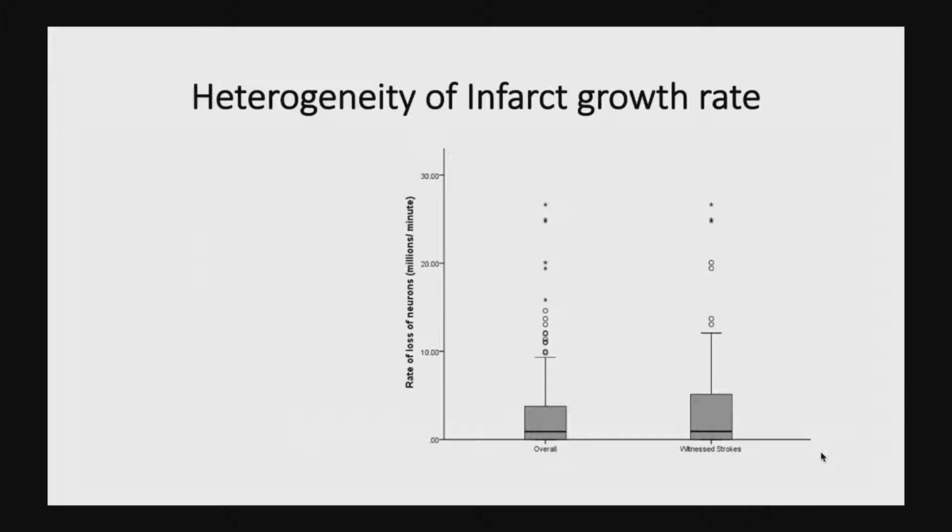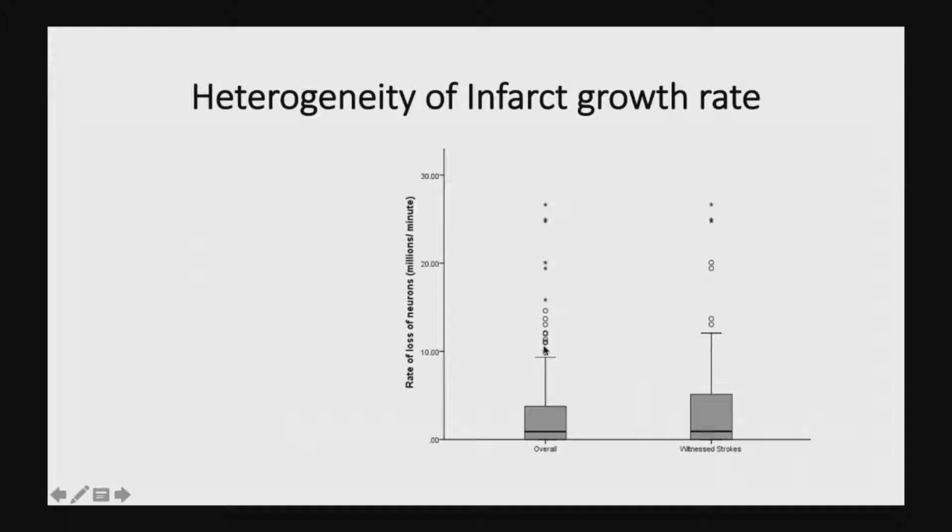Now, we all learned that when we have large vessel occlusion, the brain cells die at the rate of about 2 million cells per minute. Okay, that's an average number. If you look at the diagram, you see that the range of cell death is really wide.